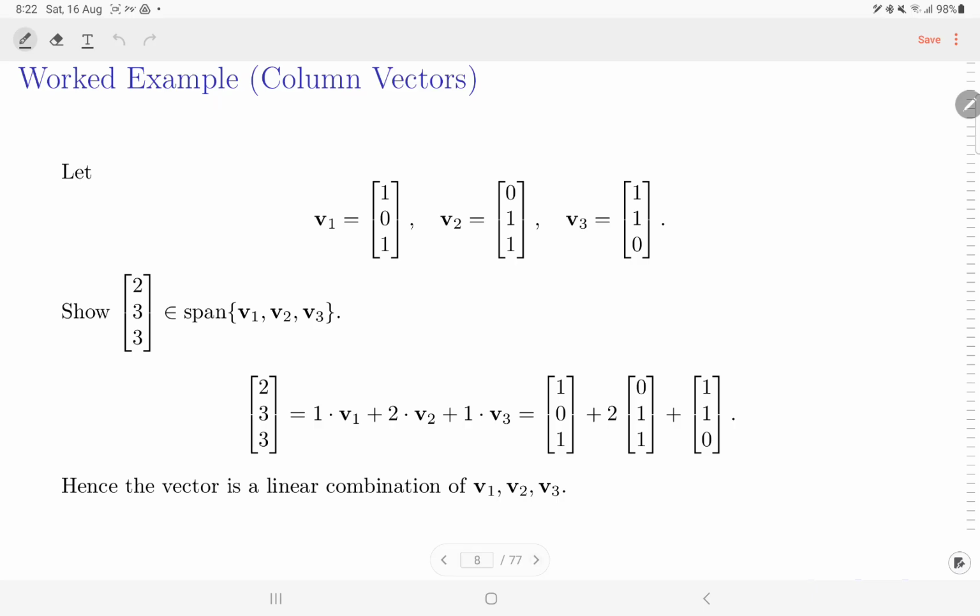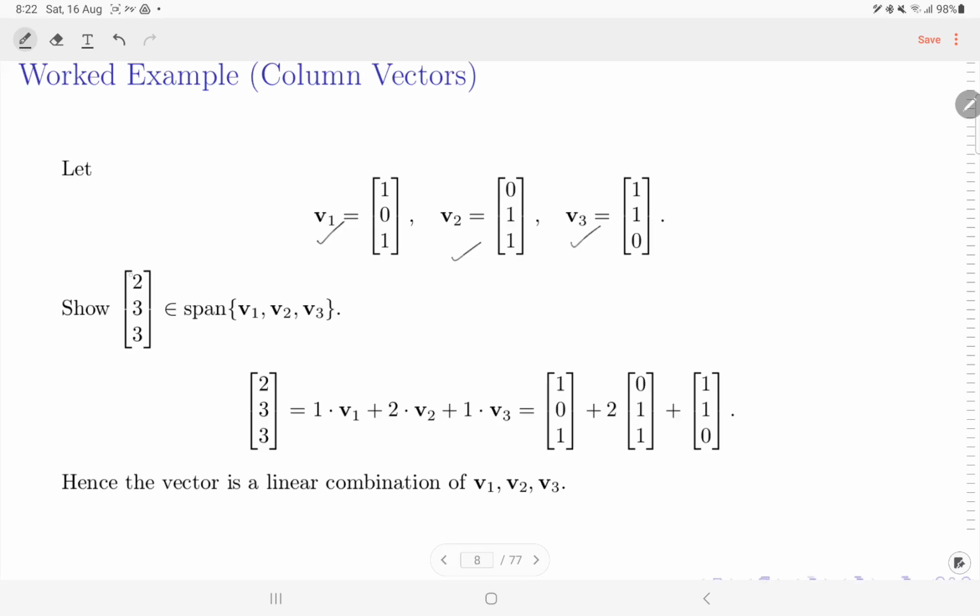Moving forward, this is an example for that. Let's say v1, v2 and v3 are given like this. Then you need to show that the vector 2 3 3 is in the span of these. How can you show that? If you want to really show that, you can write alpha 1 v1 plus alpha 2 v2 plus alpha 3 v3 equal to v, where v is 2 3 3.